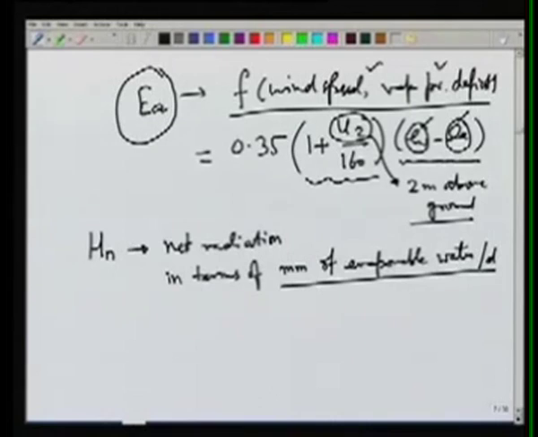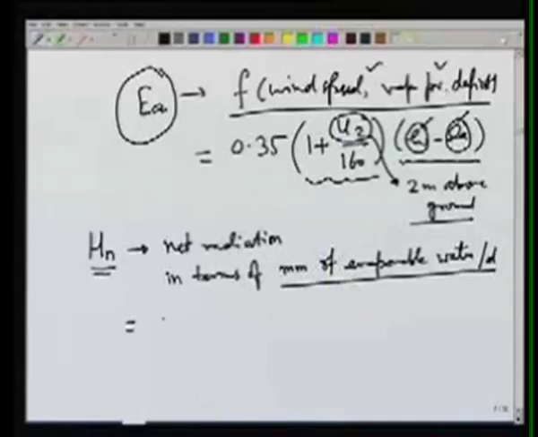So millimeter of evaporable water per day, which means that if this is the net radiation, how much depth of water it will be able to evaporate in a day. And it can be related with an equation like this.